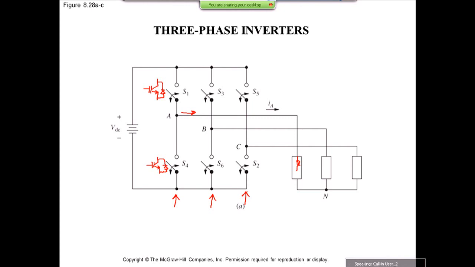But if you really look at leg A, what you see is basically a single pole double throw switch. So when switch number 1 is on, that means point A is shorted to this point, which is the positive terminal of your source. When switch 4 is on, point A is shorted to the negative terminal of your source.